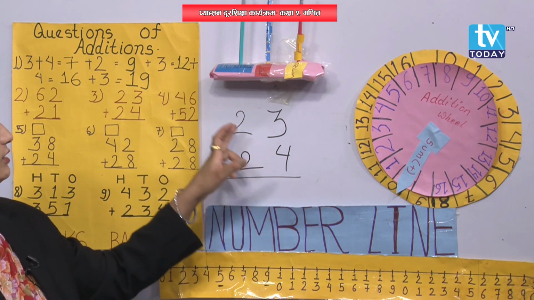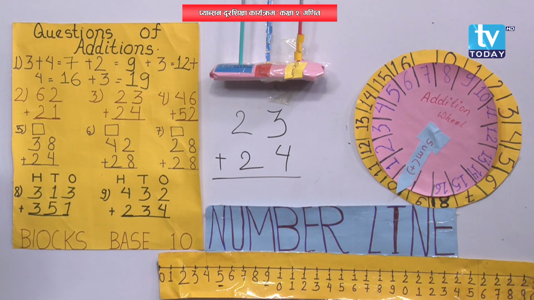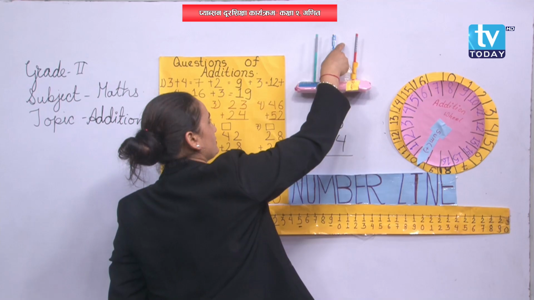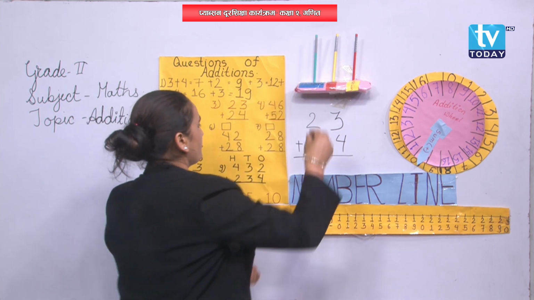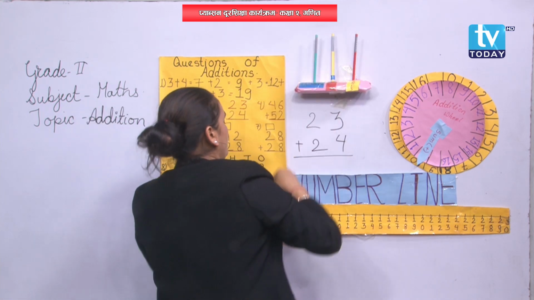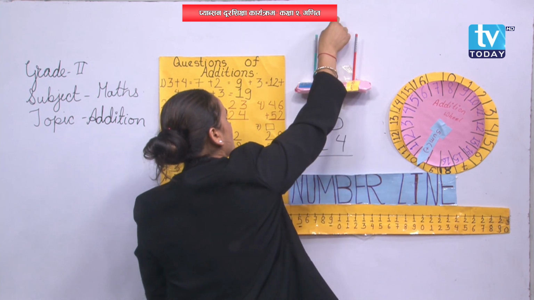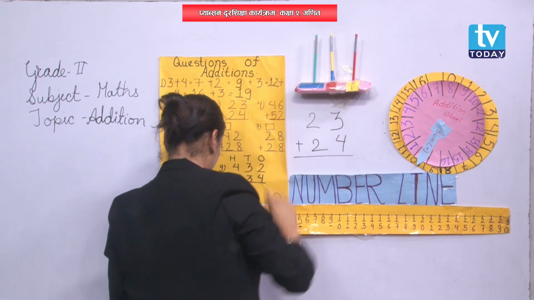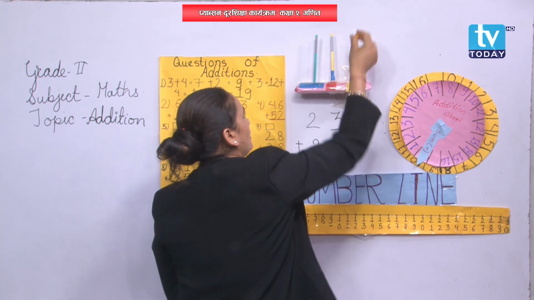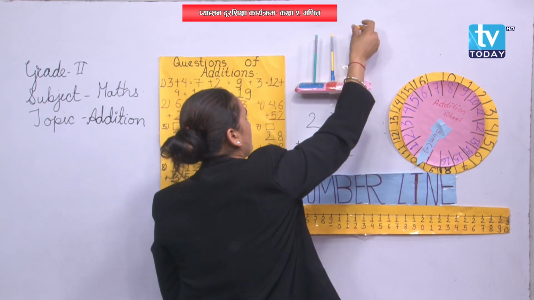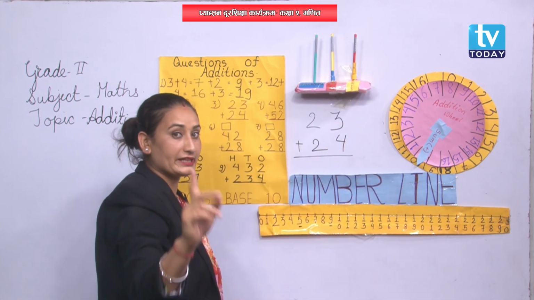Let's put the 20 over here. Okay, students. Now, 23. First, write down 10. 23. 1, 2, 3. 23. Now 24.